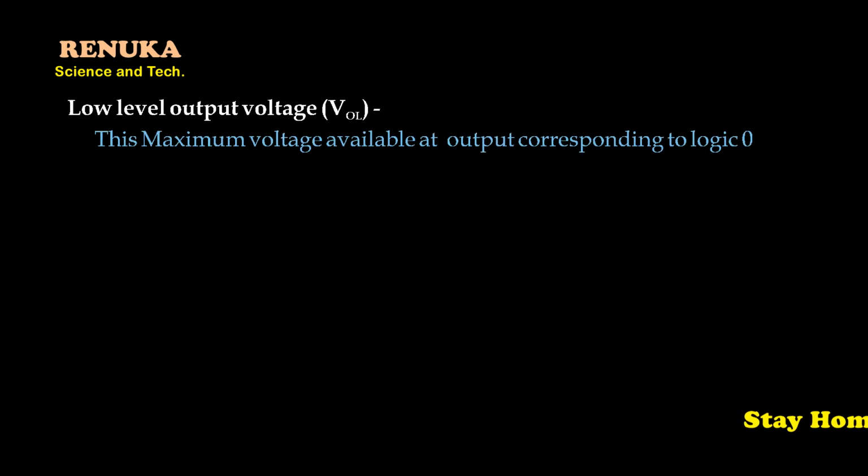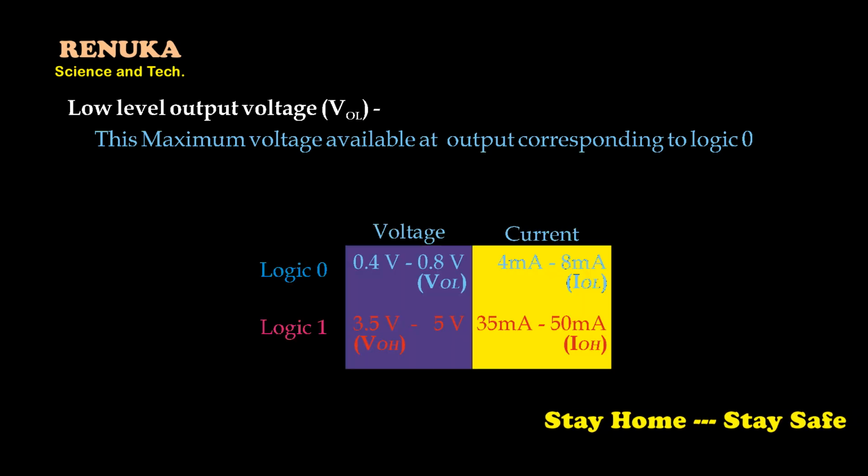The fourth definition is low level output voltage. Again it is defined as the maximum voltage available at the output corresponding to logic 0. What is said? Maximum voltage available at the output. You can see the voltage range is 0.4 volt to 0.8 volt and 0.8 volt will be the output low level voltage. Why 0.8?